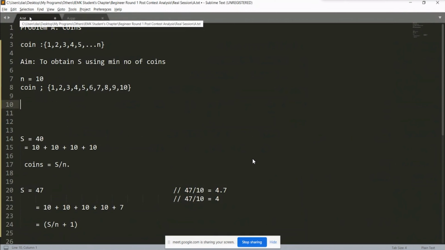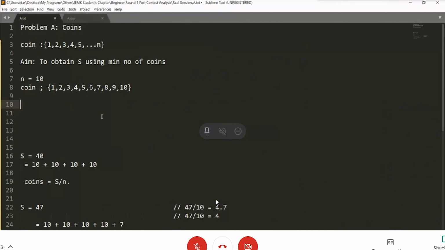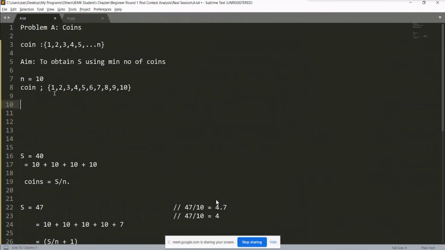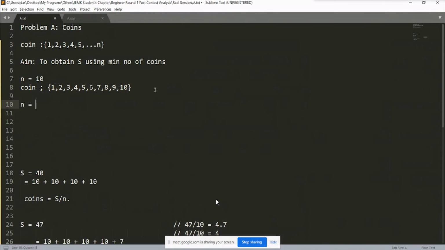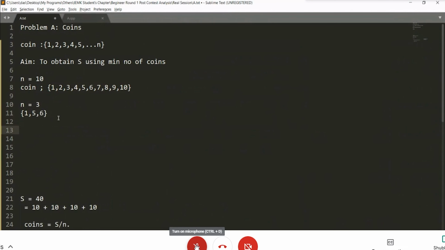Say I take the size of the array first, suppose it's 3. Then I ask the user to put in the values of the coins, like 6, 1, or 5, and then ask what sum the user wants, and I need to find the minimum steps to reach that sum.